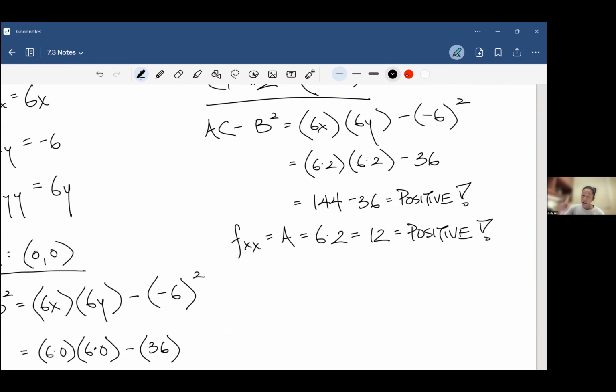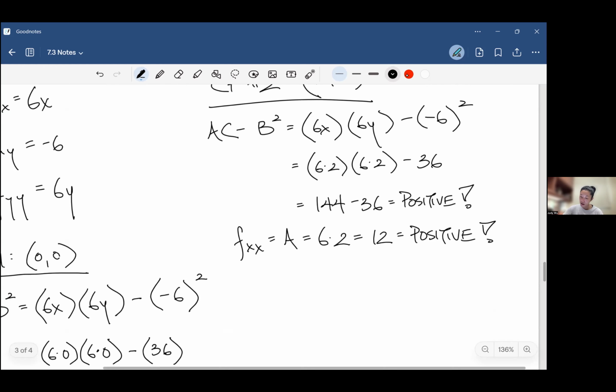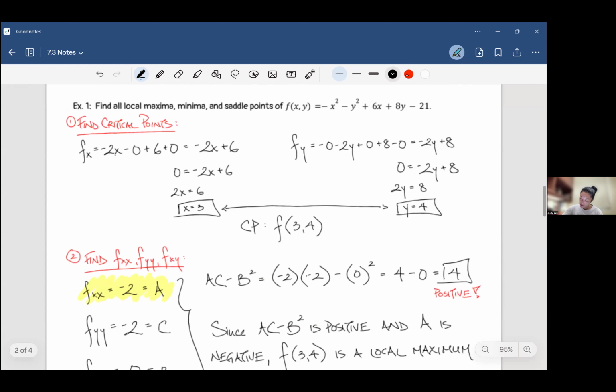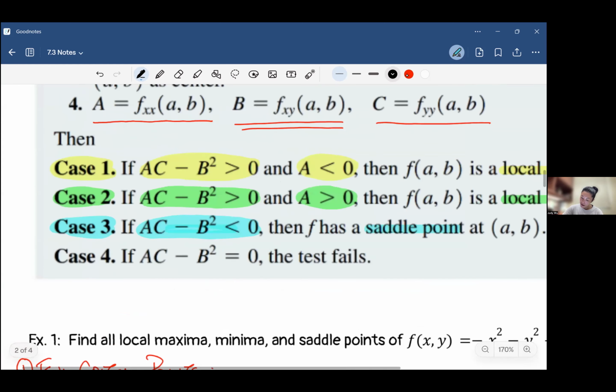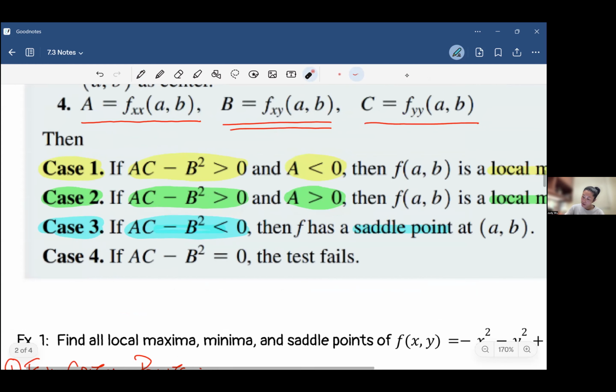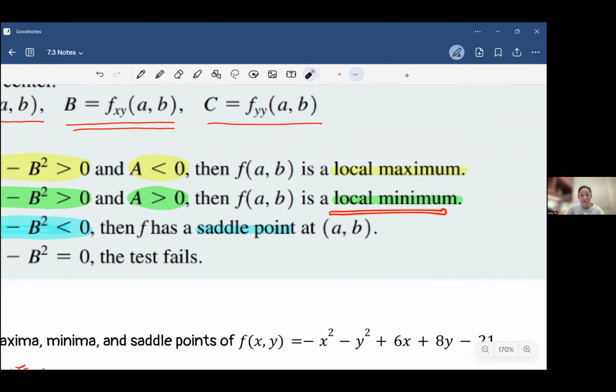So I have a positive AC minus B squared and a positive A. Going back to our chart, that's case 2: positive and positive means we have a local minimum at f of (2, 2).